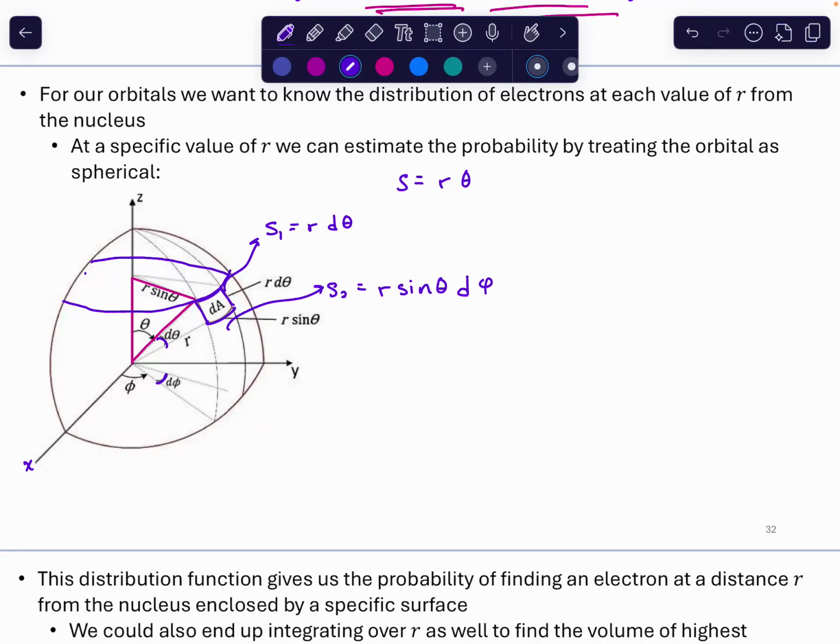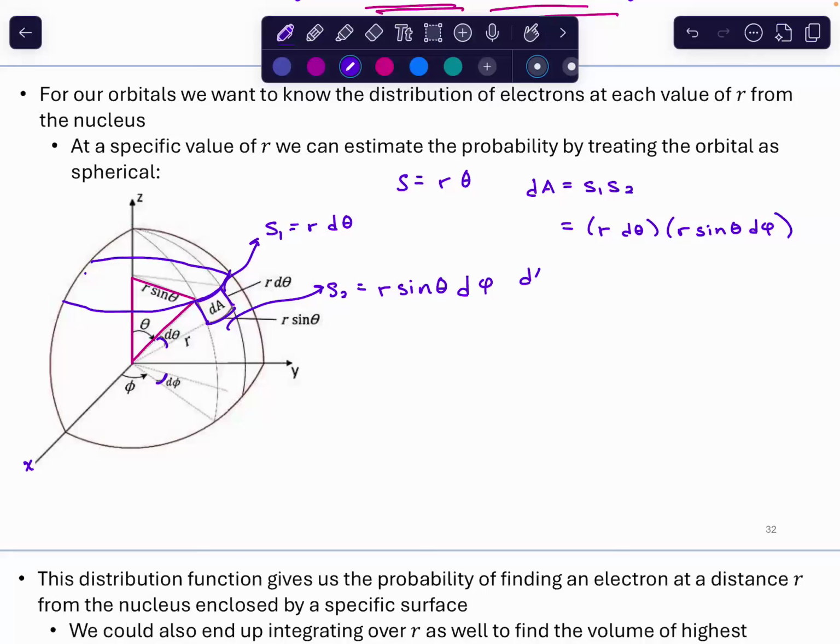But what that means is that your area is going to be S1 times S2. Remember, think of this like a two-dimensional rectangle, length times width. That's going to equal r d theta times r sine of theta d phi.